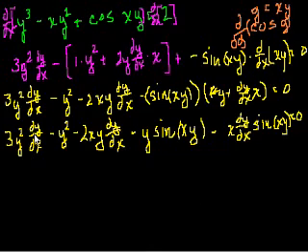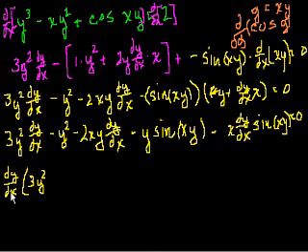Now let's group all of the terms that have a dy dx in them and distribute out the dy dx. So this is equal to dy dx times this 3y squared minus 2xy. I'm just undistributing, or dividing out the dy dx. Let me show you the terms.